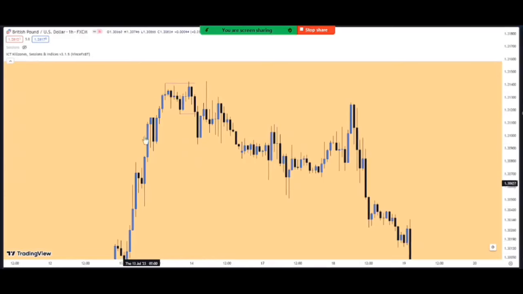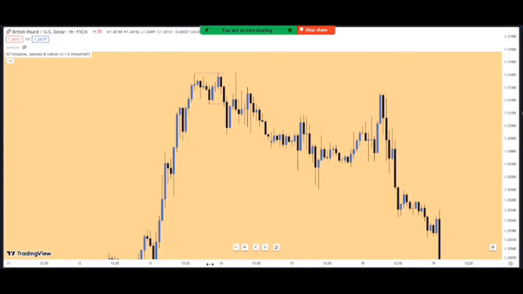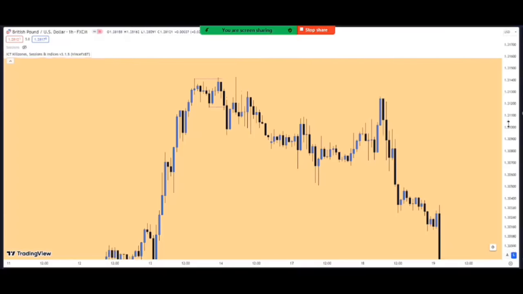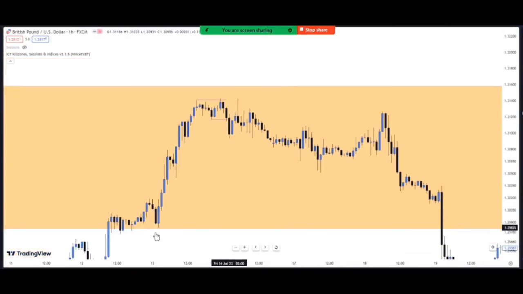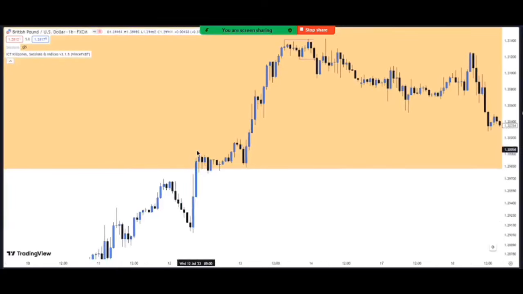Now, price has come into this. This is the highest high now. From this low here, let me start from here so it can be clearer to you. I said the first time price tapped into this daily time frame area of interest is here, isn't it? Yes, sir.